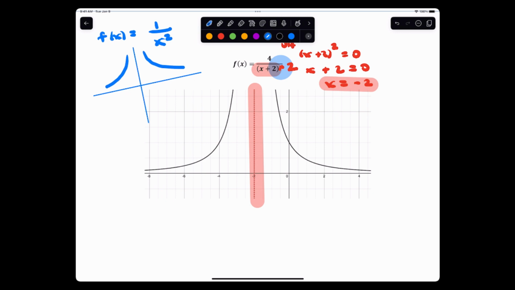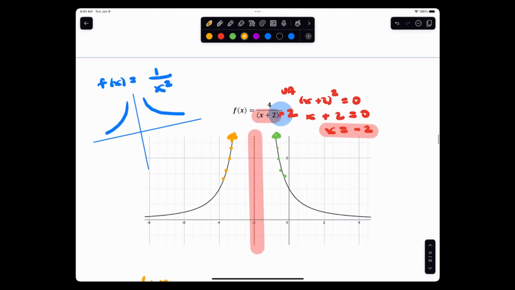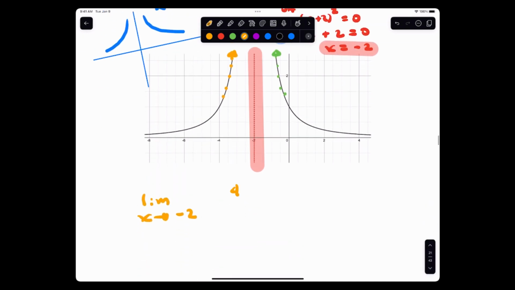All right, but what are the limit questions? Around -2, so to the left, what's happening with these, the y coordinate, these points? Aren't you going up forever? What's happening to the right? Same exact thing, going up forever. So the left-handed limit is the same as the right-handed limit. And what's that curve? 4 over what?